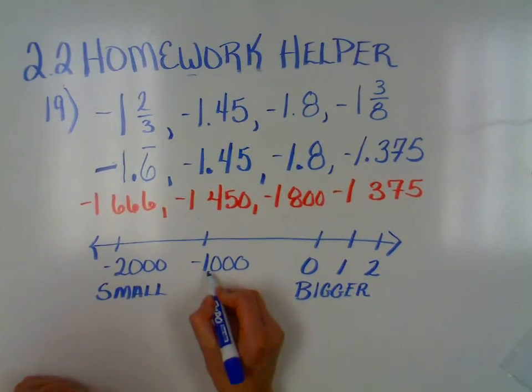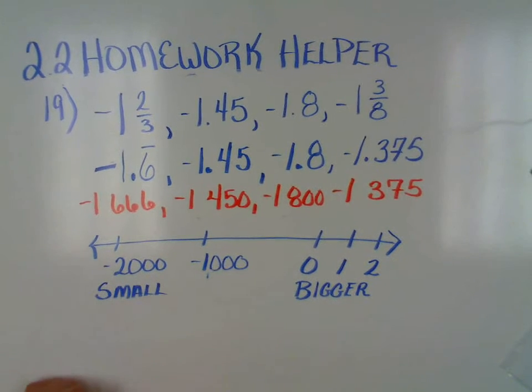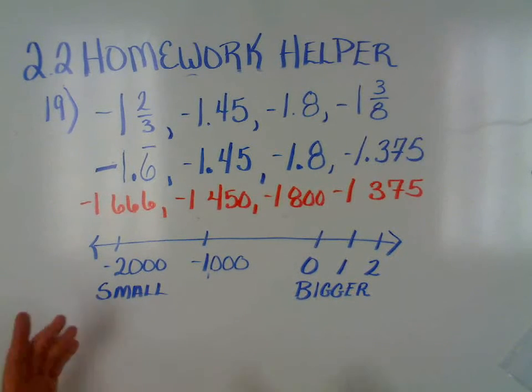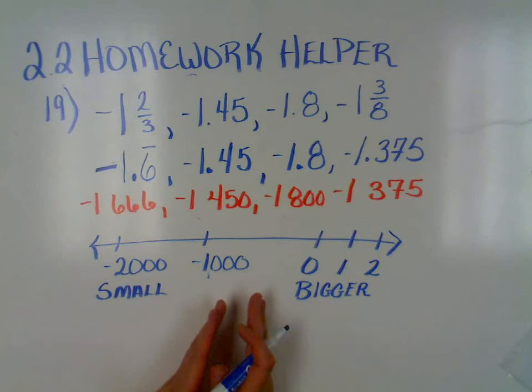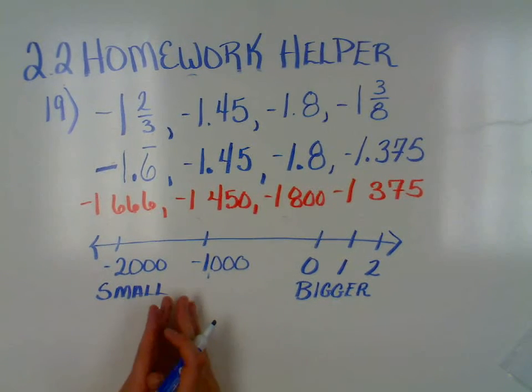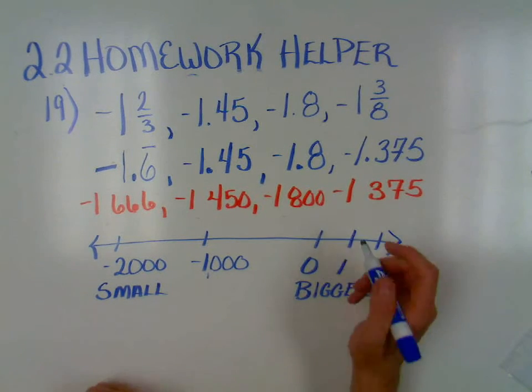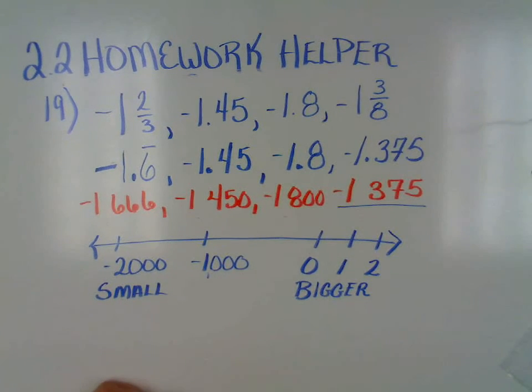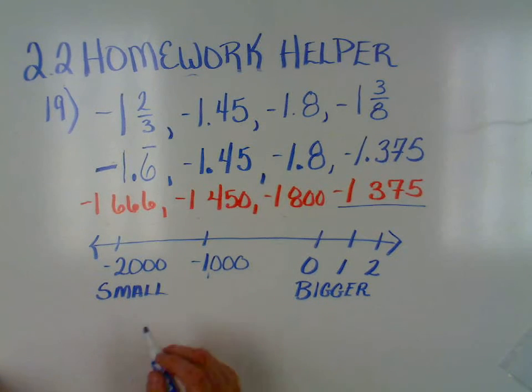If I started at -1,000, the next thing would be 1,100, then 1,200, 1,300. Well, here's that. So we know that's going to be the first one, the -1.375.